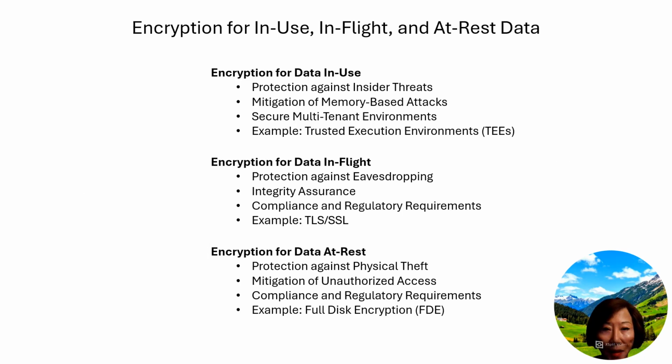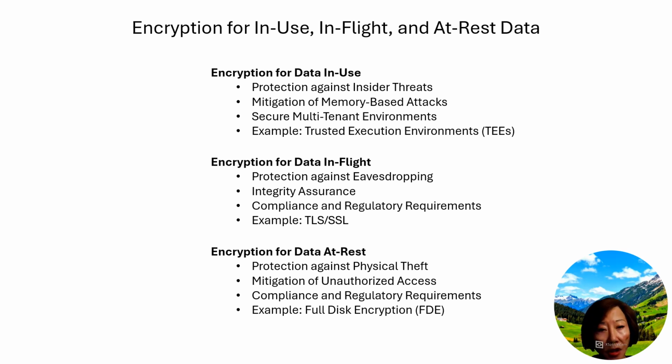All right. Next is encryption: encryption of data in use, in flight, and at rest. Encryption for data in use refers to information that is actively being processed by applications, stored in temporary memory, or manipulated by users.